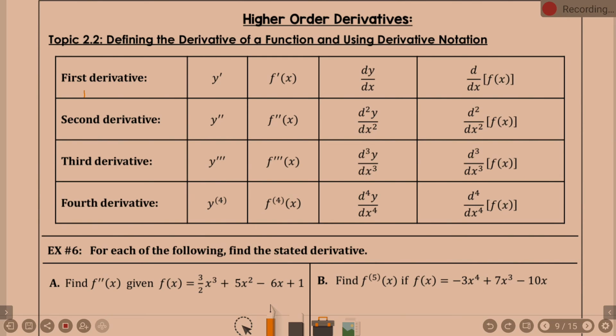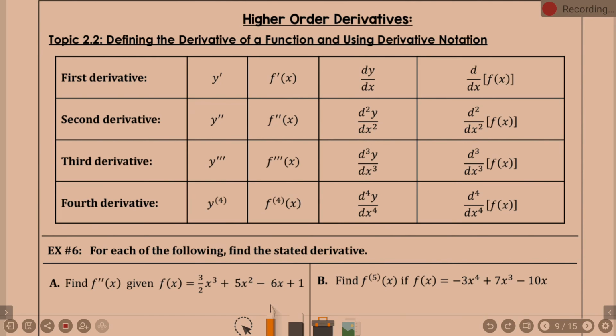But notation. First, second, third, fourth derivative. We usually use primes. So y prime, f prime of x. You need to be familiar with dy dx. We haven't seen it a lot yet, but we will. Or you saw me writing d over d theta earlier to indicate the derivative of something, so d over dx.